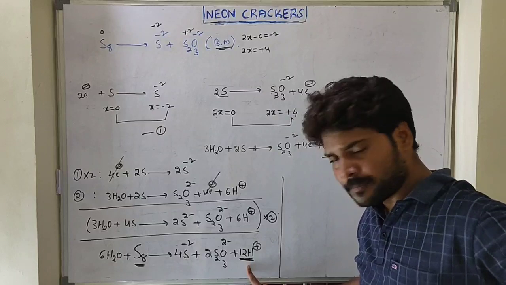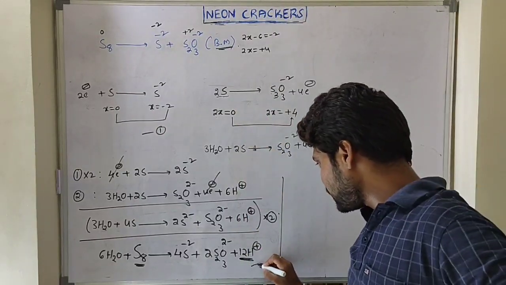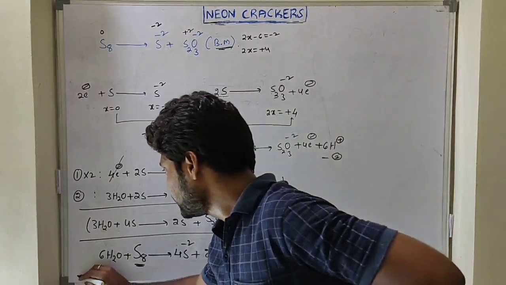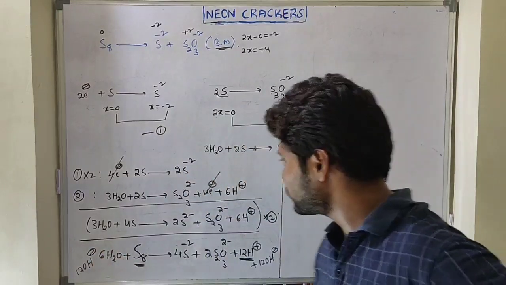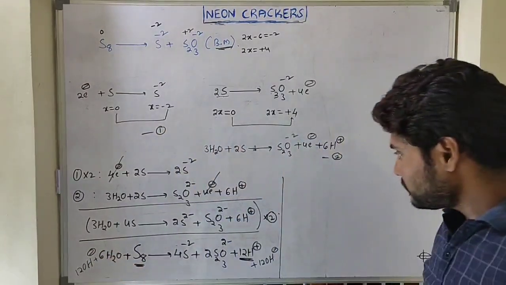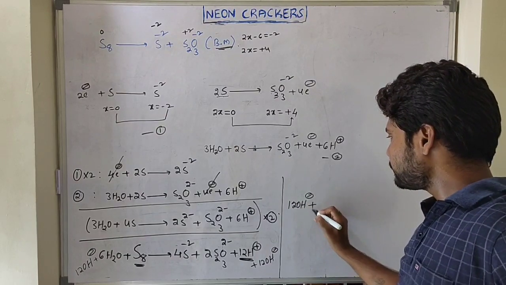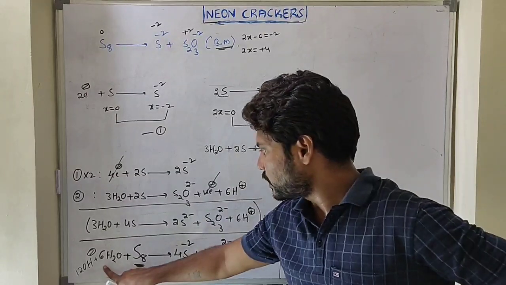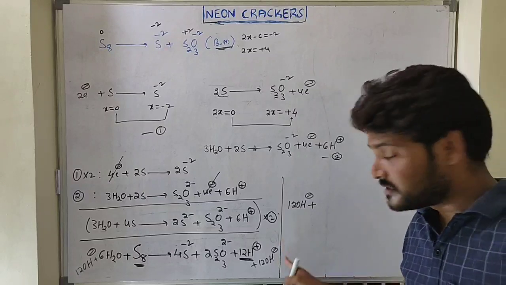But what is the medium? Only acidic medium, but the question is about basic medium. So the same number of hydroxide ions would be added on both sides. The resultant is 12 OH minus. Here 12 water molecules, 6 water molecules, so 6 get cancelled and at the right side we are getting 6 water molecules.